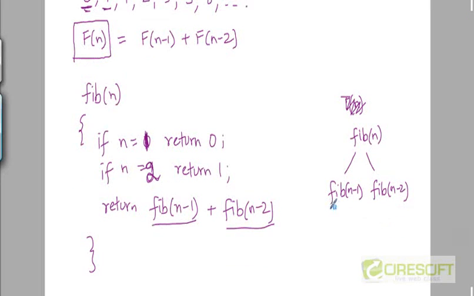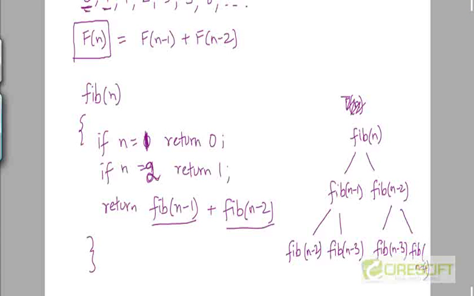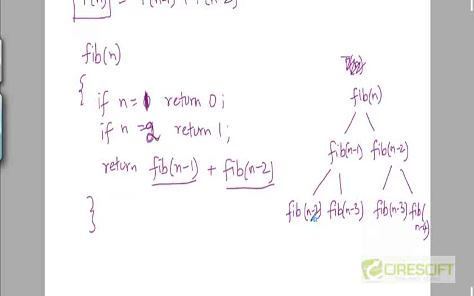Now fib of n minus 1 in turn is going to call fib of n minus 2 and fib of n minus 3, and fib of n minus 2 is going to call fib of n minus 3 and fib of n minus 4, and so on.